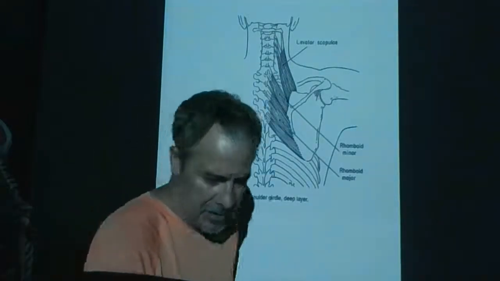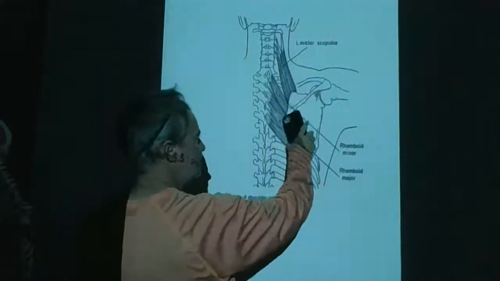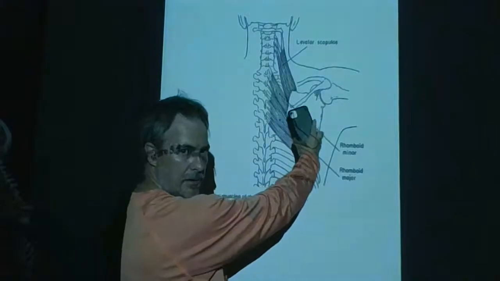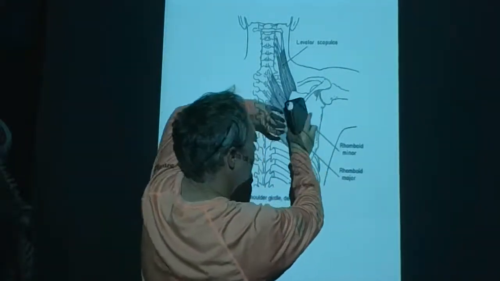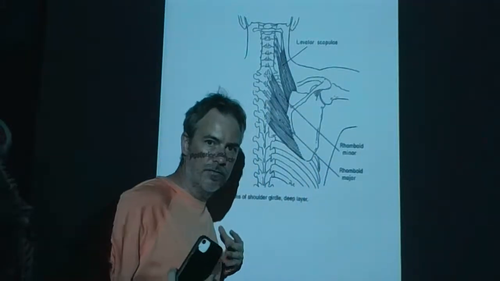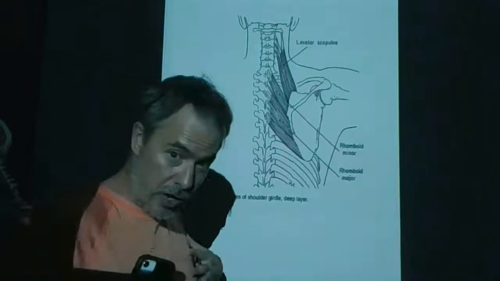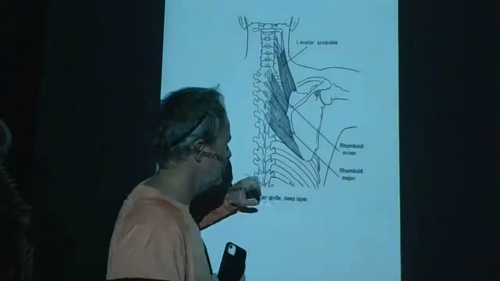So the first thing is, I'll try to show you how these muscles work. Let's say this is the vertebral border of the scapula. These muscles, their first component of pull is trying to bring the scapula to the vertebra. So a retraction component, you can imagine that, pulling in a direction of retraction.